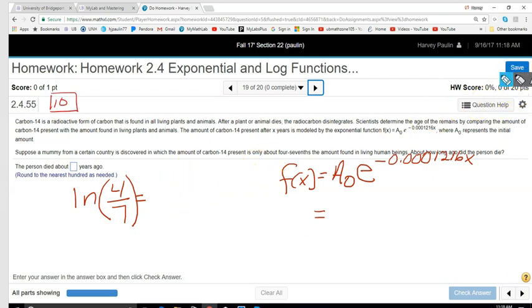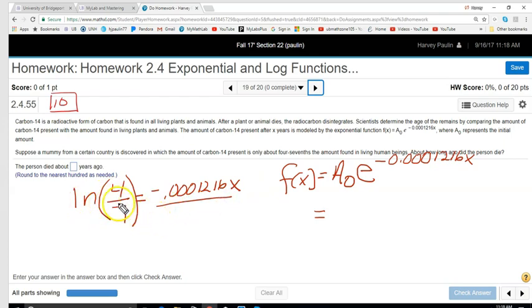And all you were left with now is this. So this is a negative 0.0001216x. Now to solve then for x, we're going to divide both sides by this.